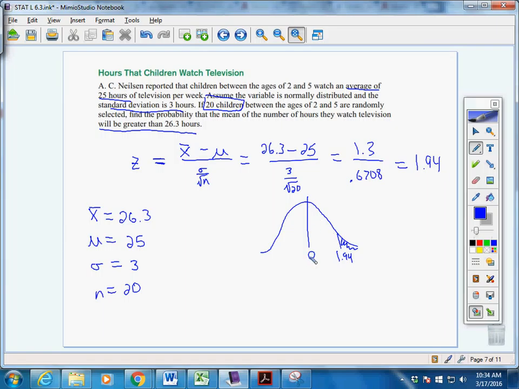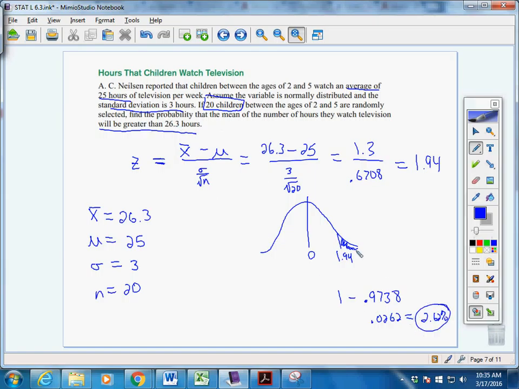So if you look at your table and look up to the right of the mean, on the positive side, we're going to look up 1.94. We get an area or a probability of 0.9738. But that doesn't mean the probability is 97.38% because it's greater than. Just that old trick. We want all the values to the right of it, so we go 1 minus, and we get 0.0262 or 2.62%.